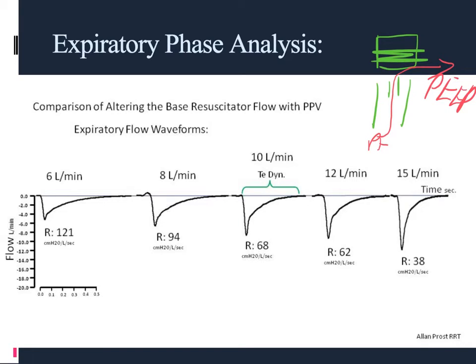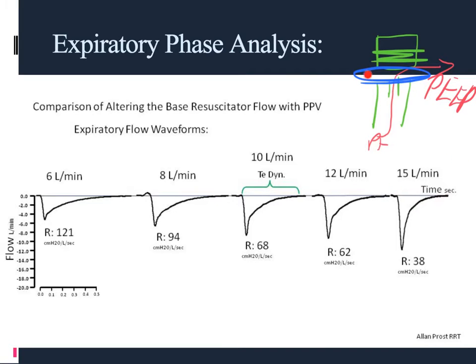That's an important factor because it's in this opening here that we're going to control our expiratory resistance during exhalation. By using lower flow rates, this opening has to be much smaller than when we use higher background flow rates.